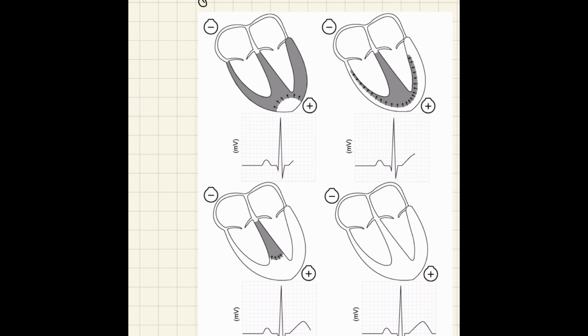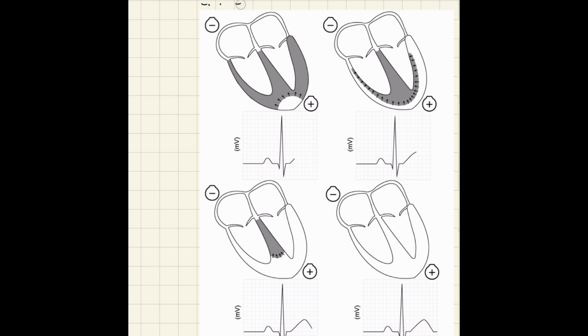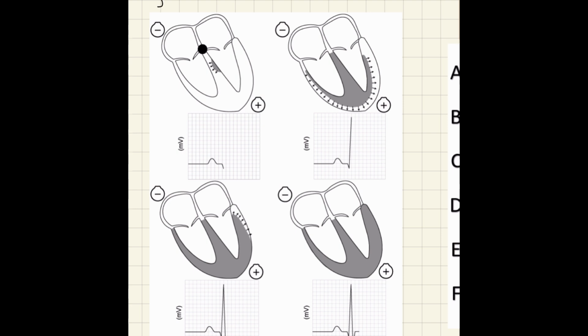Then when we're creating the QRS complex, this gets a little bit more complicated. This is not the QRS complex, that's the T wave. Apparently I put this in a weird order. Okay, so the QRS complex is down here. We depolarize first, starting with the bundle of His, and we initially depolarize leftward because the left side's a little bit thicker, so the signal moves faster to the left than to the right.